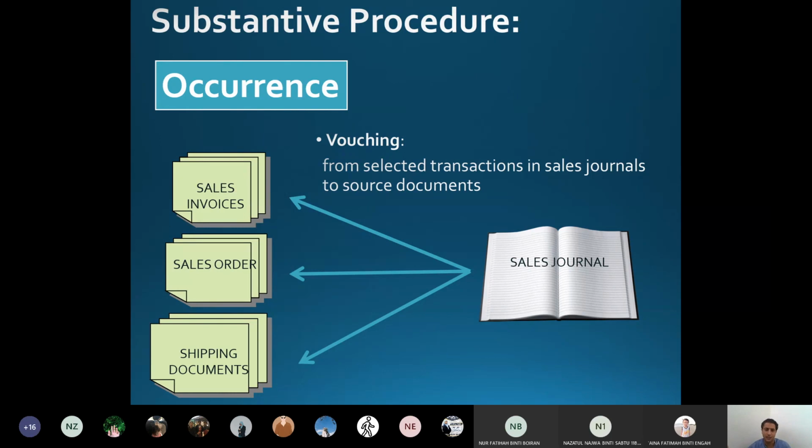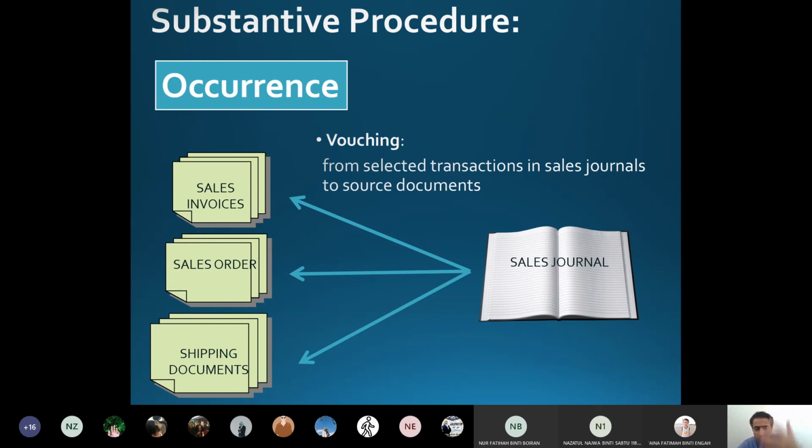So here, let's have this example to illustrate more about vouching. As we said, the first objective or the first assurance is to ensure the occurrence or the existence of the transaction. So vouching is from a selected transaction in the sales journal, we try to vouch it to the source document.